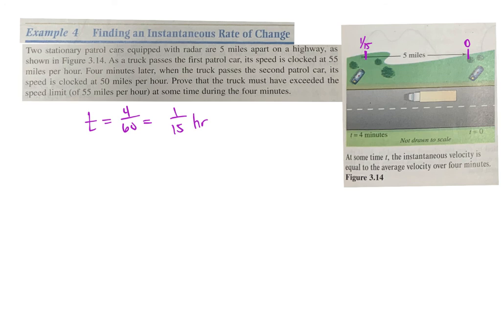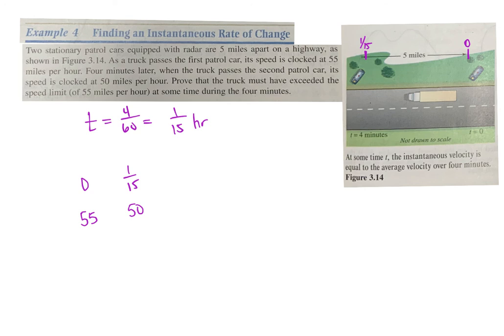So at 0 hours, he was at 55 miles an hour, and then he was at 50 miles an hour, right? If our x's were 0 and 1/15, then at the first one he was going 55 miles an hour, and at the second one he was going 50 miles an hour.